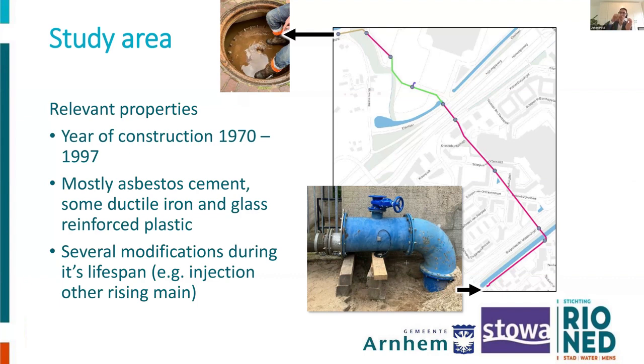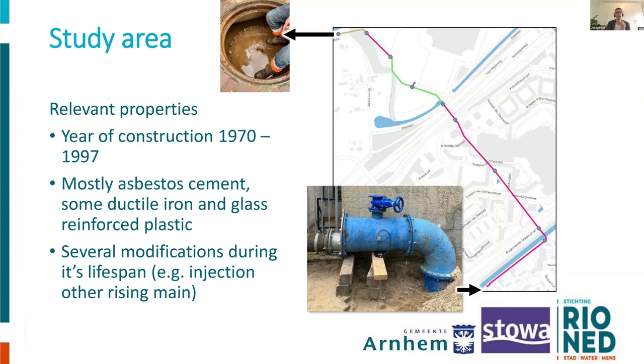And then there was a 1200 meter long pressure line. The pink part is asbestos cement, which was the largest part. And then we also have a small part which was glass reinforced plastic. And then the last part was ductile iron, which was relined later on, which was the picture I showed in the first slide.